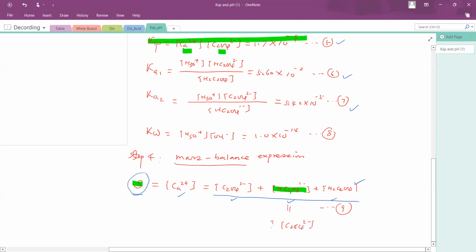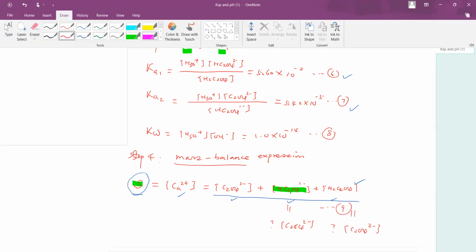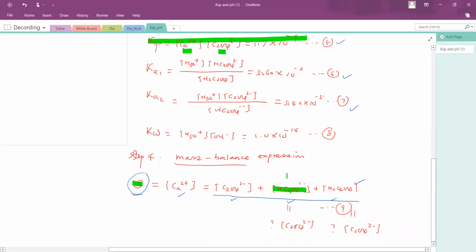What's the relationship with oxalate or oxalic acid? What's the relationship with oxalate? Do you follow me? Right. So then we can solve this one. Now, how are we going to solve this one?